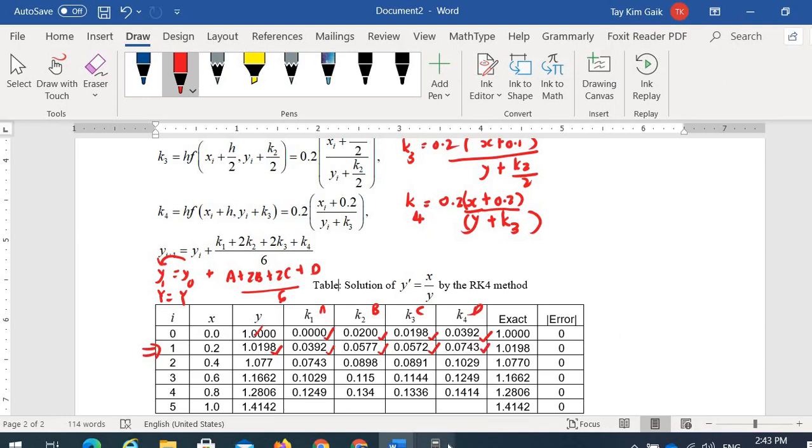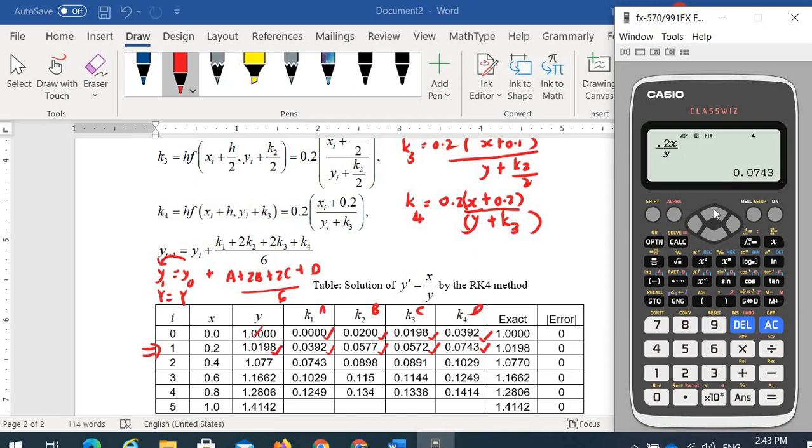To get Y number 2, search back the Y formula. We calculated K1, K2, K3, K4, all of that to go back 4 times. So calculate to get Y2. Y2 depends on Y1, so A, B, C, D will be in row I. Y number 2 depends on the previous Y, which is 1.0198.